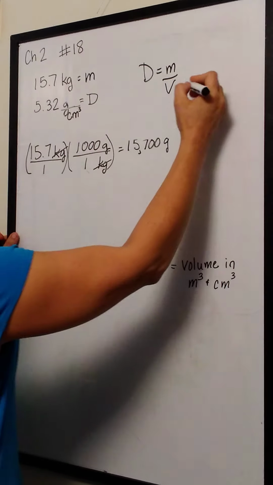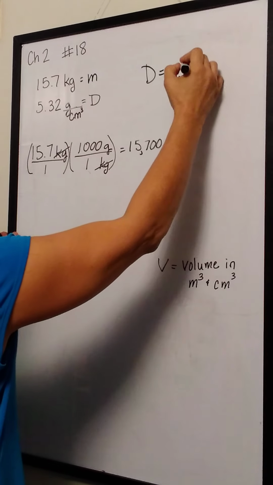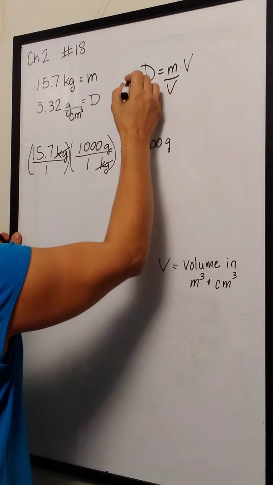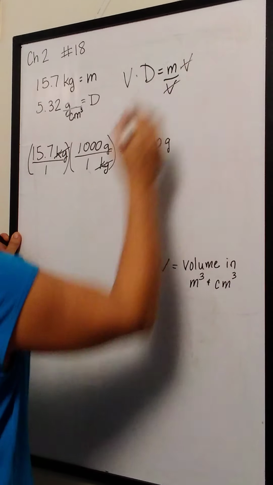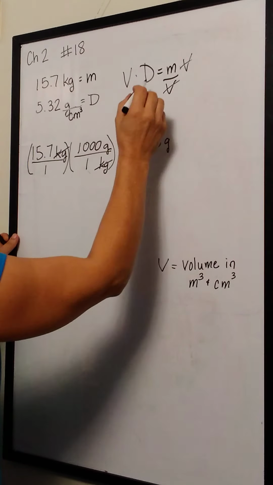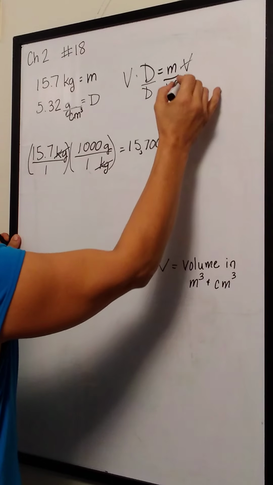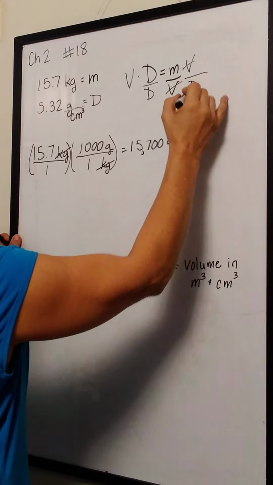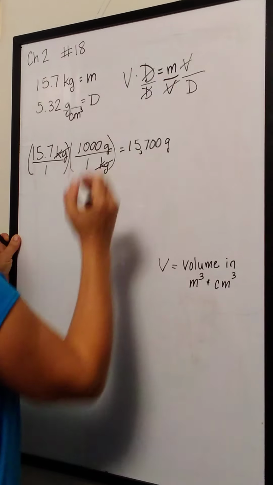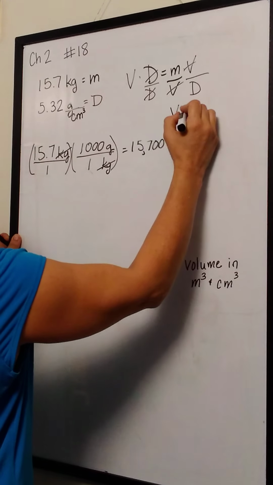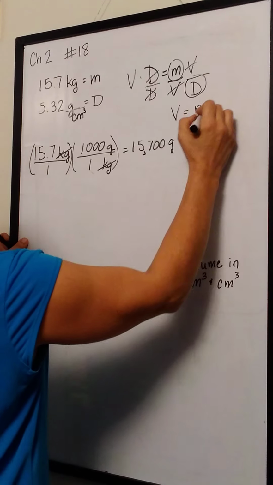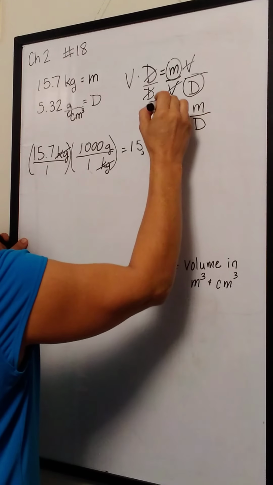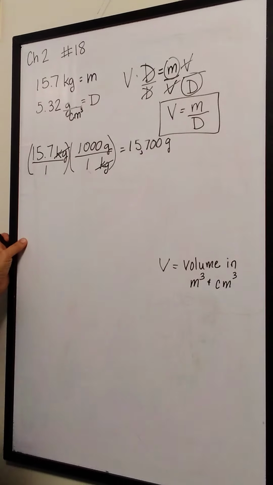So we can rewrite this as, we'll multiply both sides by V. That'll cancel. And now we'll divide both sides by D. And then this will cancel. And we'll end up with V equals mass over density.